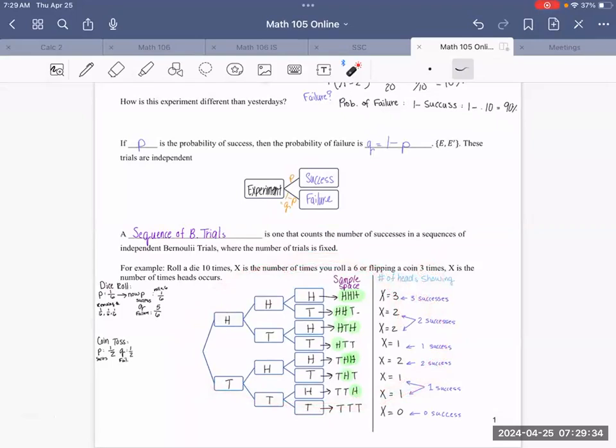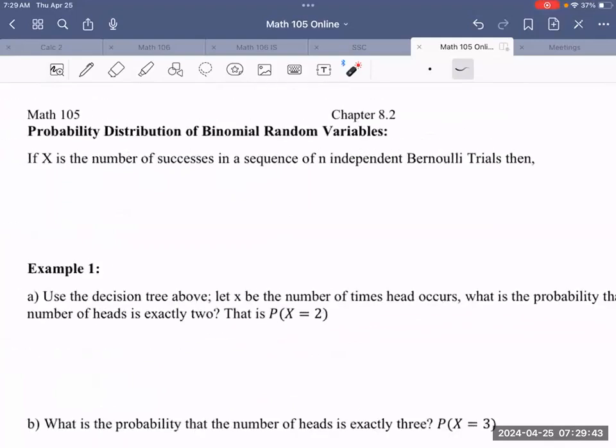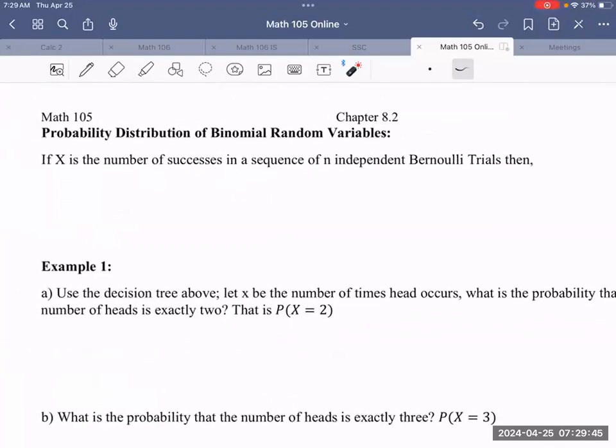However, this is kind of a shortcut method to show you what you can do instead. Because decision trees are great to lay out what your sample space looks like when it's working with a series of very similar experiments being performed. But it's not great when there are a lot of outcomes being produced.